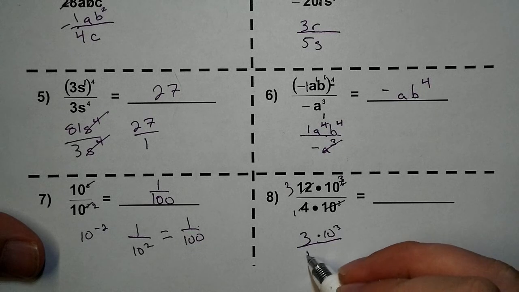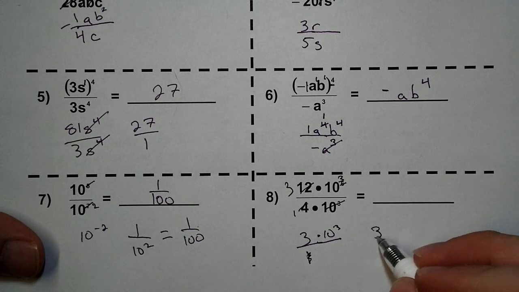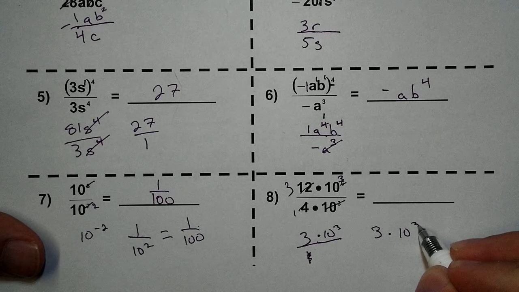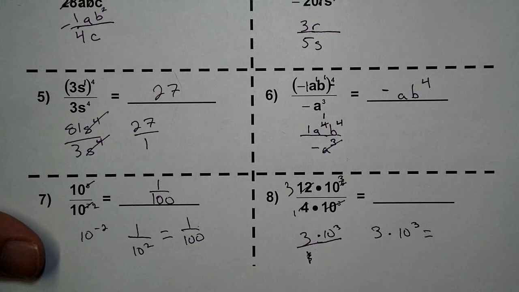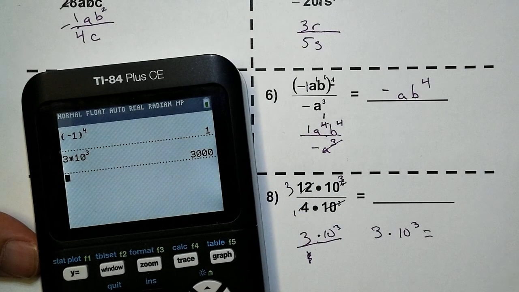So I don't need this divided by 1 anymore. It's just 3 times 10 to the 3rd. And when we multiply that out, we end up getting 3,000.